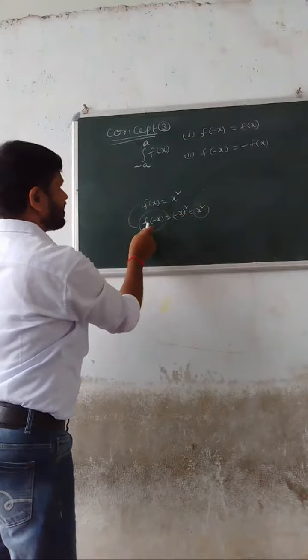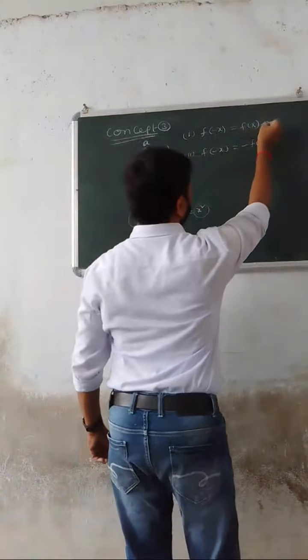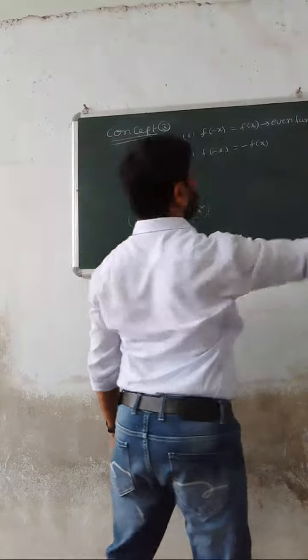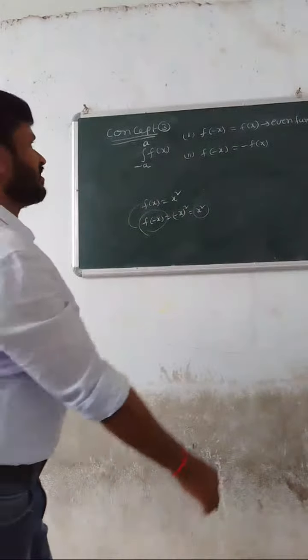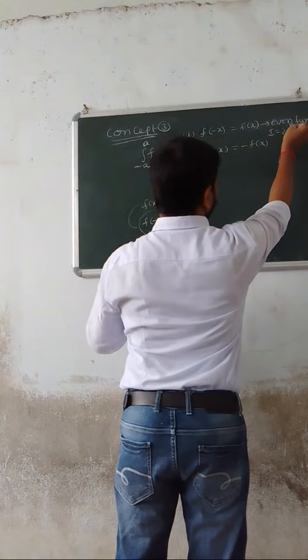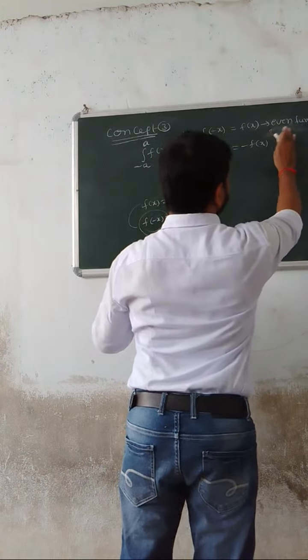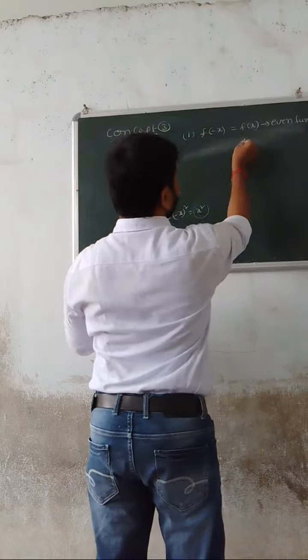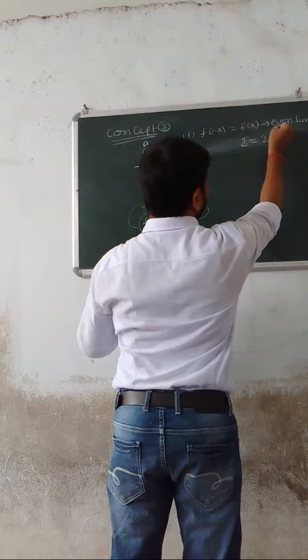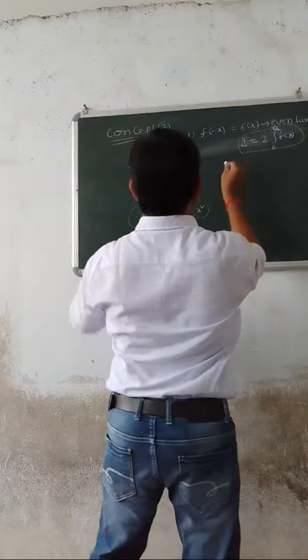Now f of x and f of minus x are equal. It is an even function. When it is an even function, the integration is 2 times the integral 0 to a of f of x. That is the integration for this.